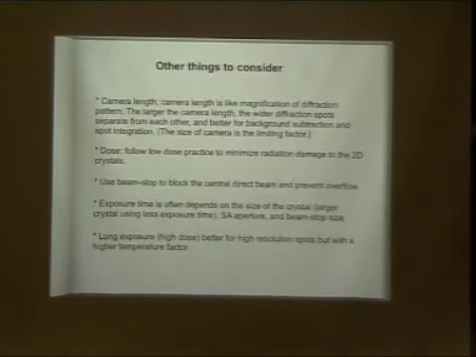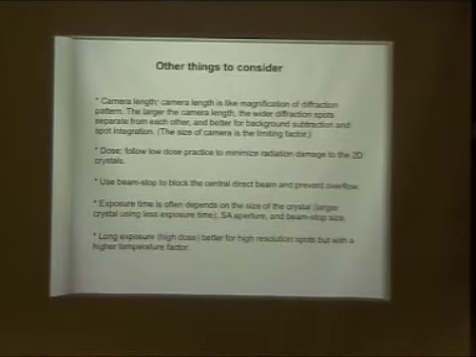Imagine that if you use a longer exposure and overdose them, the high resolution spots will start to disappear after a while, but your low resolution intensity is still there, right? And cumulatively, this Wilson plot will become a very steep slope, but you still get a high diffraction spot.